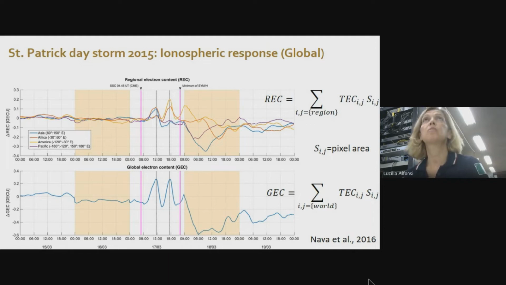On the top plot, you are seeing the regional variation. Maybe it's not very visible from your screen, but I can help you with the legend. The blue curve is the Asia sector. The orange curve accounts for the Africa sector. Yellow curve is the American sector, and the Pacific sector.